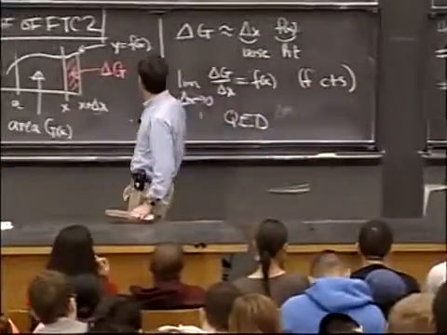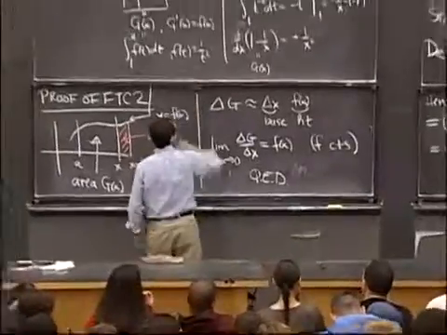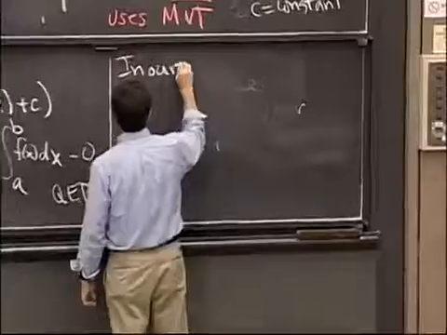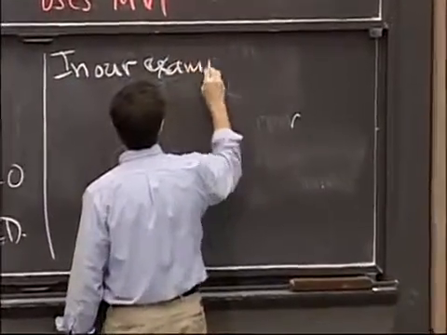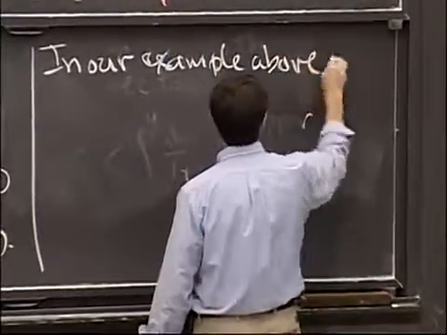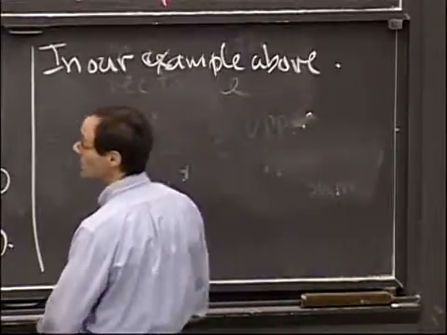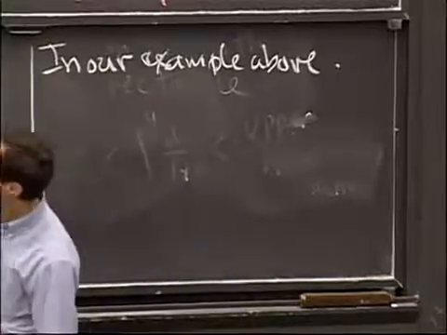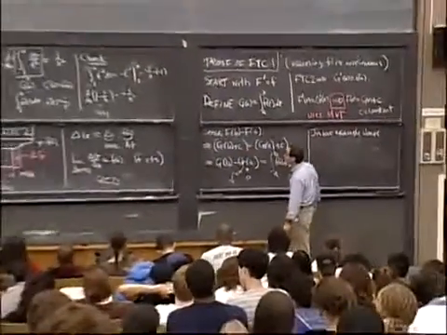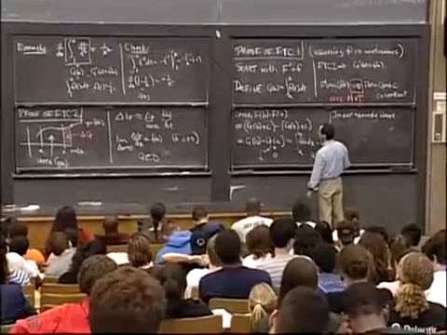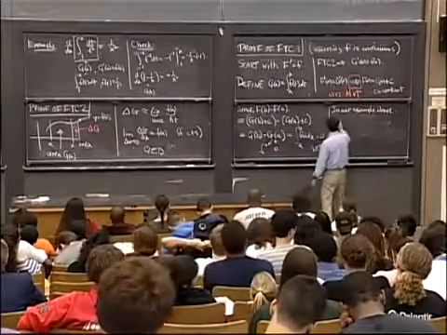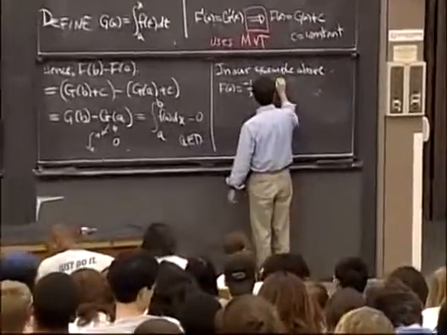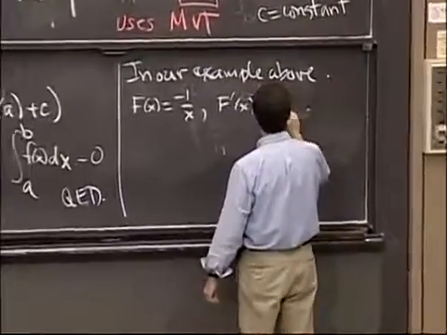Okay. So let me just notice that in the example that we had, before we go on to something else, in the example above, we had f of x equal to minus 1 over x. So f prime of x is 1 over x squared.